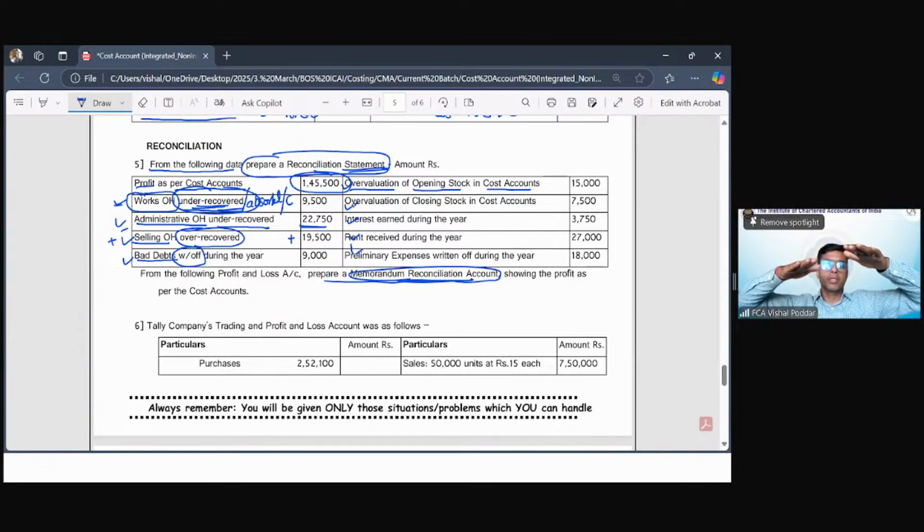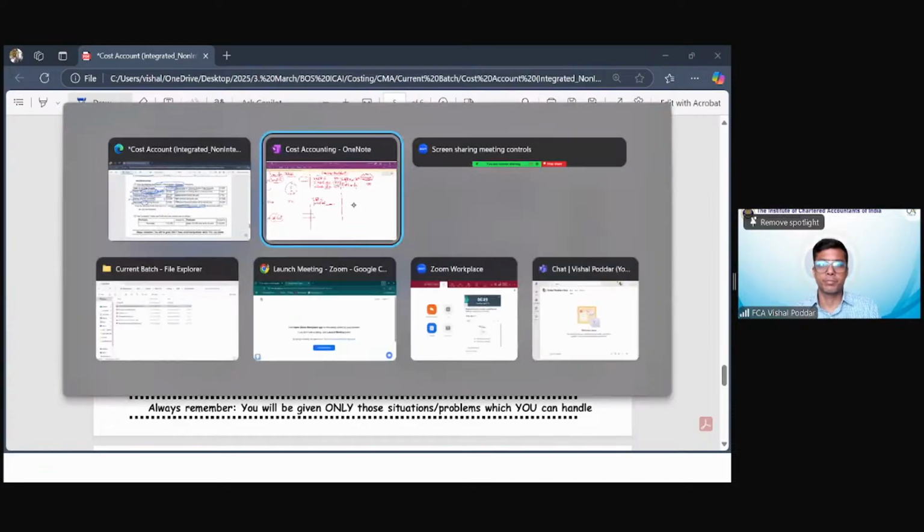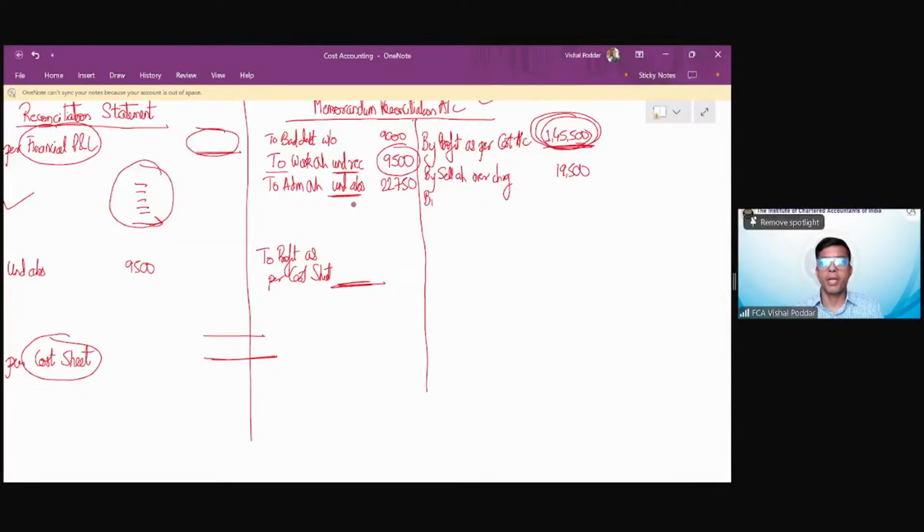So, the impact of this is it will reduce my costing profit. So, my costing profit will be less. And since it is less, I have to climb upwards. So, I have to add this difference by overvaluation of opening finished goods in cost accounts, 15,000. Correct?